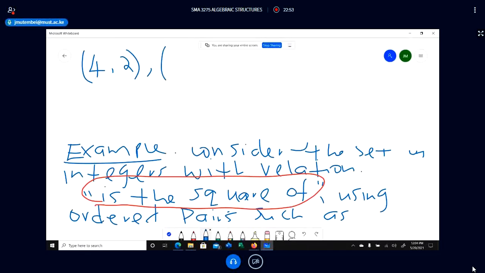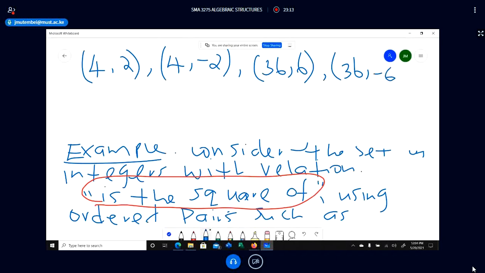We can have another pair, 4, negative 2. 4 is the square of negative 2. 36, 6. 36 is the square of 6. Also, we can have 36, negative 6. 36 is the square of negative 6, etc.